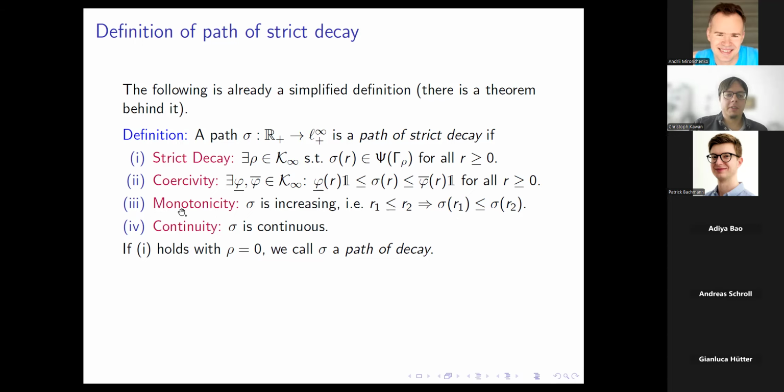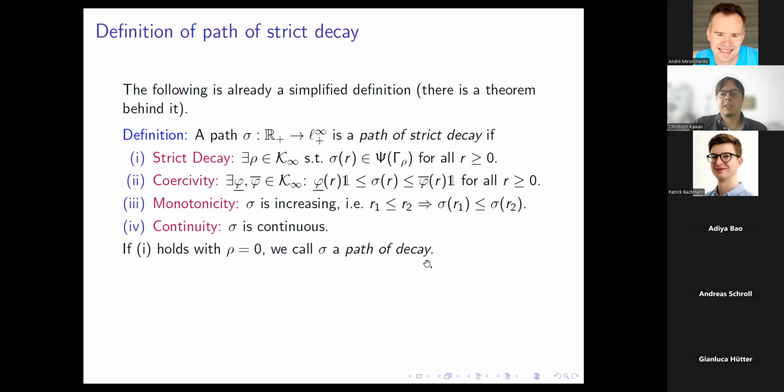So if all of these properties hold, we call the path a path of strict decay for the given gain operator, of course. And if all of this holds, but with only one difference, that instead of a K infinity function here, we have rho identically equal to 0, which means that gamma rho becomes gamma, then we call it a path of decay. So there is no strict decay here.